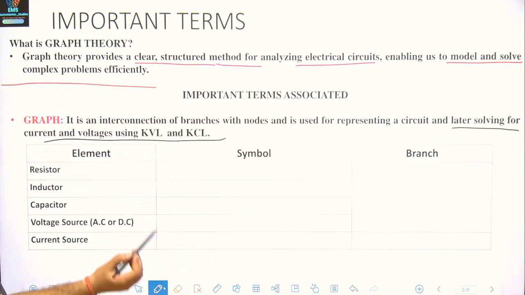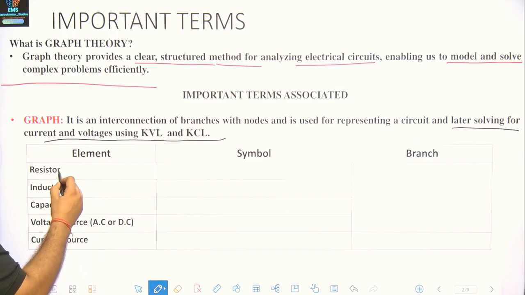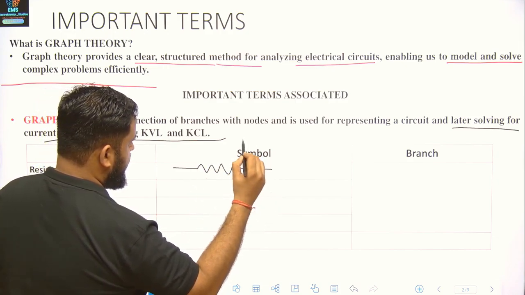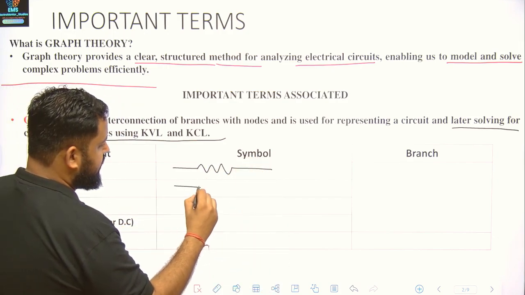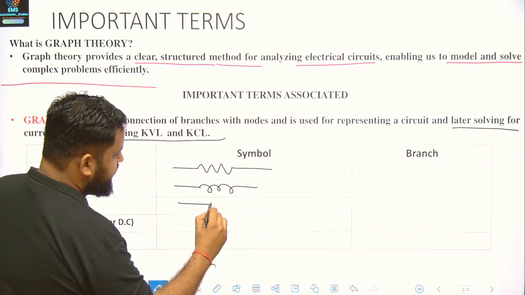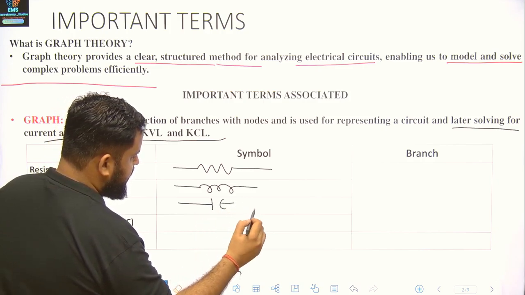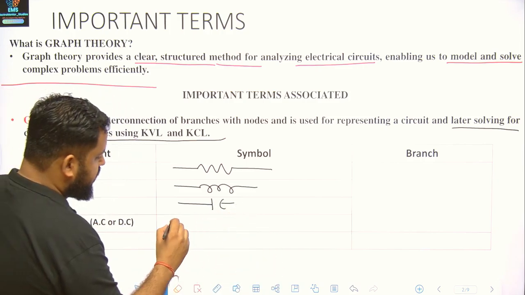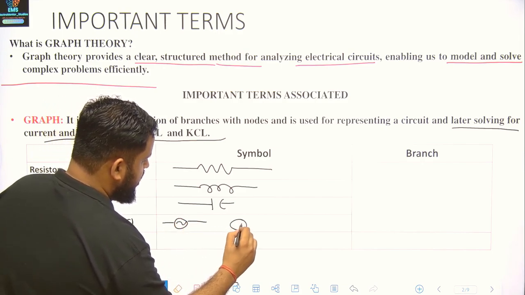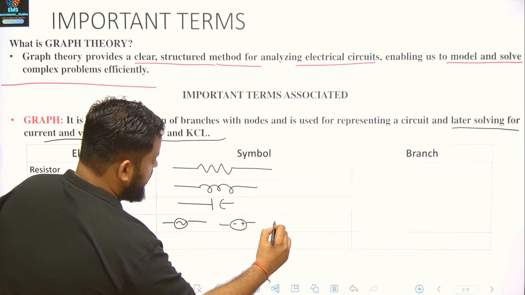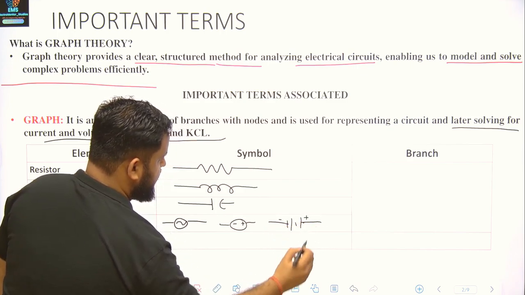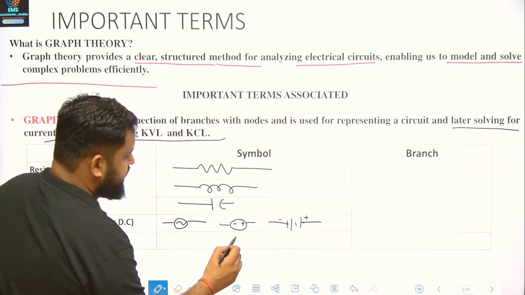In our electrical network, we have a resistor, an inductor, a capacitor, a voltage source, be it AC or DC, and a current source.